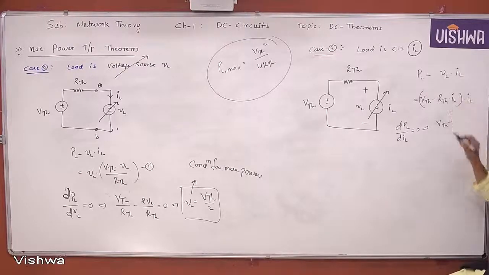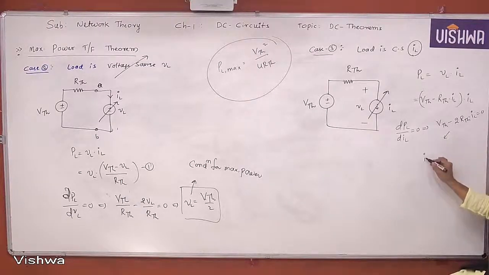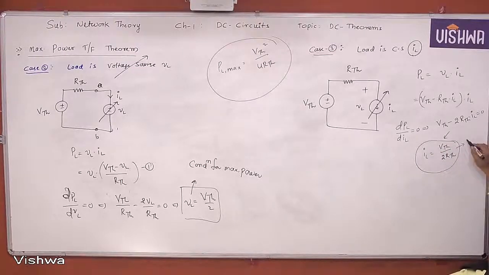IL square into RTH, you get 2 times RTH into IL. Yes or no? Then what do you get here? IL is equal to VTH by 2 times RTH. This is the condition for maximum power transfer.